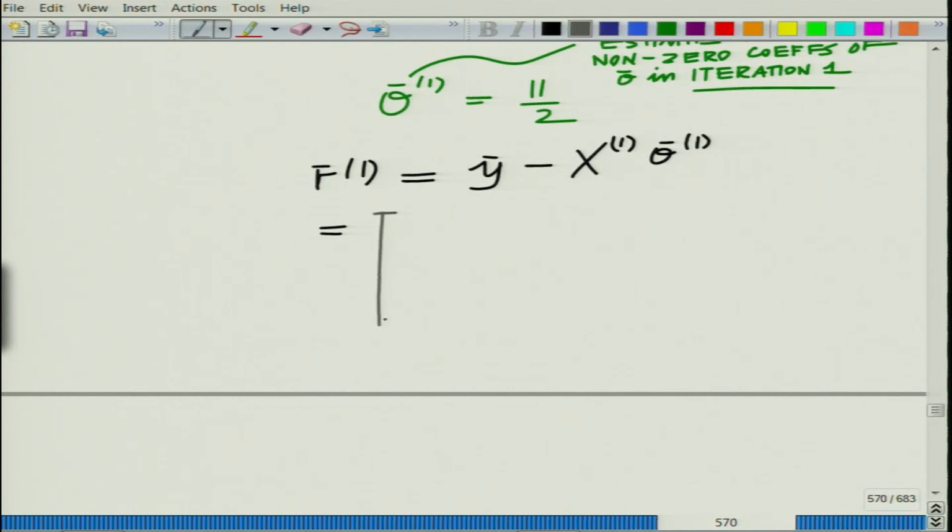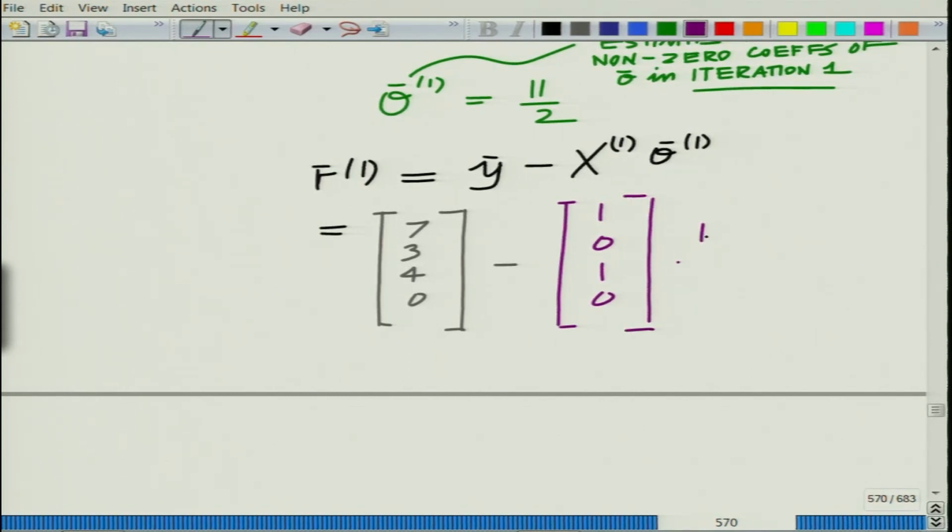If you substitute this, that becomes 7 3 4 0 minus x1, which is 1 0 1 0, times 11 by 2, which is equal to, you can clearly see, 7 minus 11 by 2, that is 3 by 2, 3 minus 0, this is 3, 4 minus 11 by 2, that is minus 3 by 2, and 0.